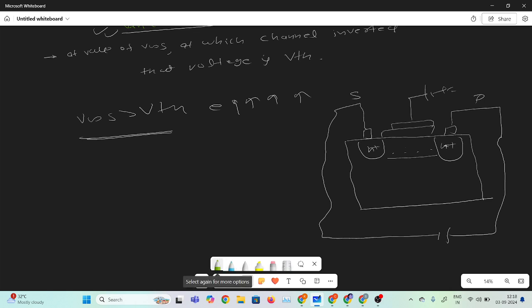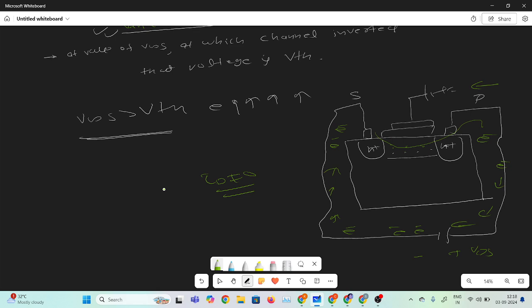Now if we apply a positive voltage on the drain terminal, there is an electric field. The channel is created now. The electrons, from the negative terminal, will go like that due to this electric field. If we apply a small amount of VDS, it will start to conduct, and the current is not equal to 0, so we will get some current.